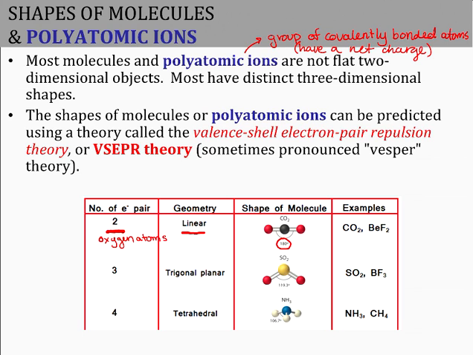All right, now there's also something called trigonal planar. And this refers to something that has three electron groups. So one example is SO2, and we didn't go over SO2's Lewis structure, but it would look like this.